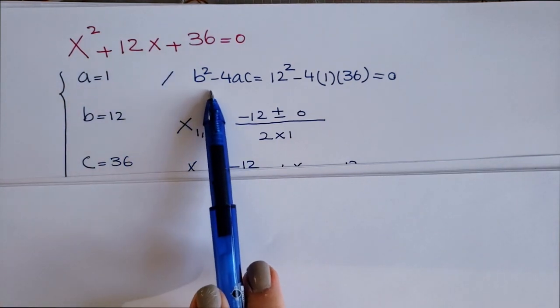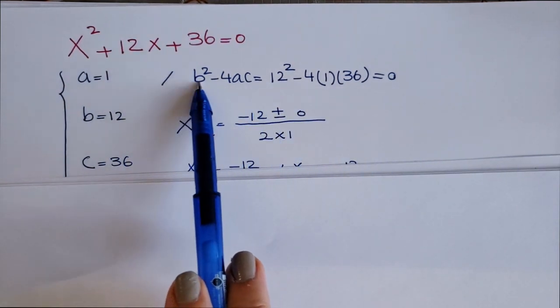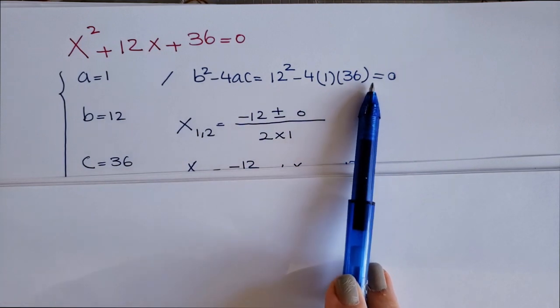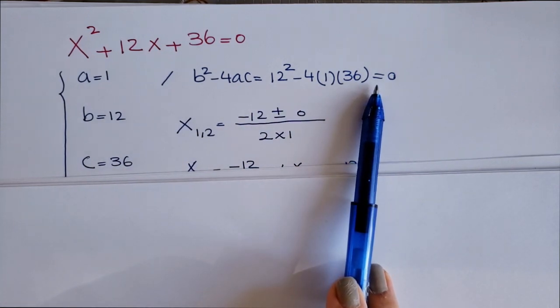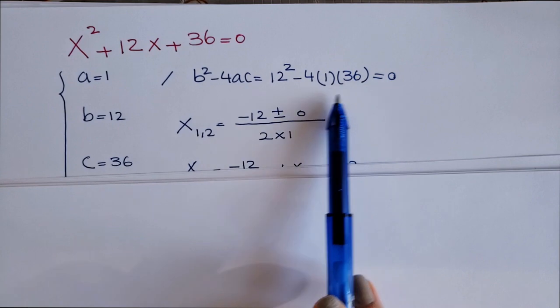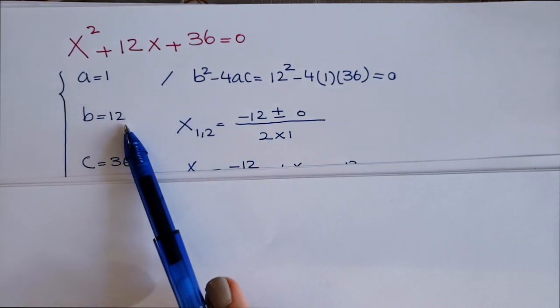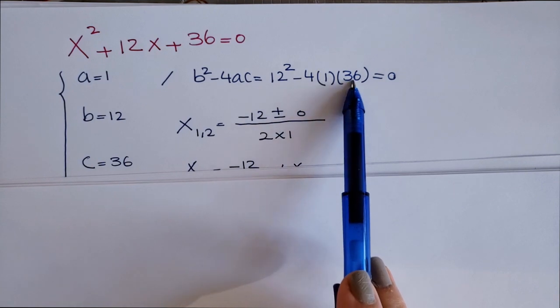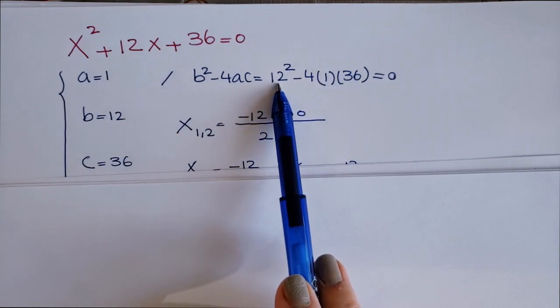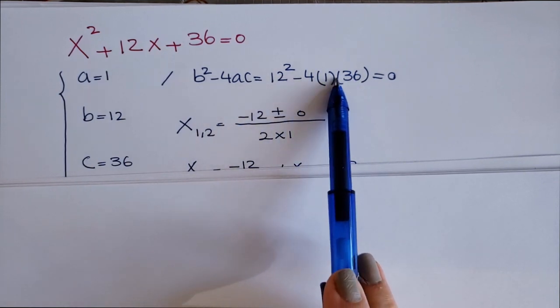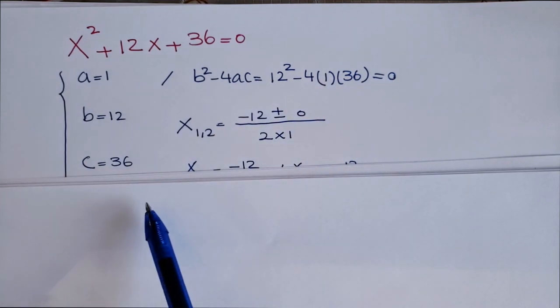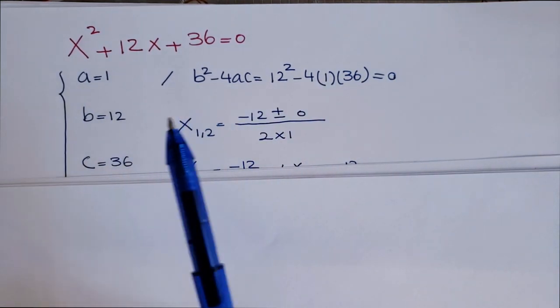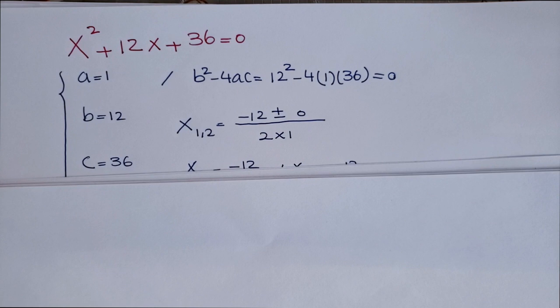Now we substitute the values in the discriminant formula to see how many roots we expect. So b squared, it's 12 to the power 2, minus 4 times a, c, and 144 minus 144 is equal to 0. So the discriminant value is 0. That means we expect 2 identical roots.